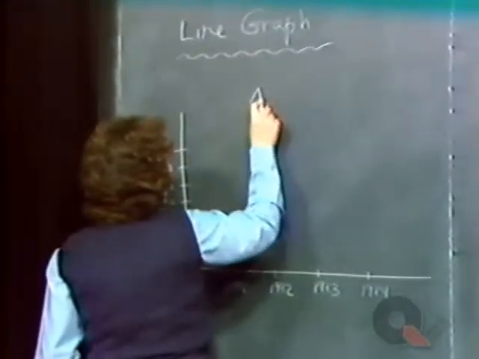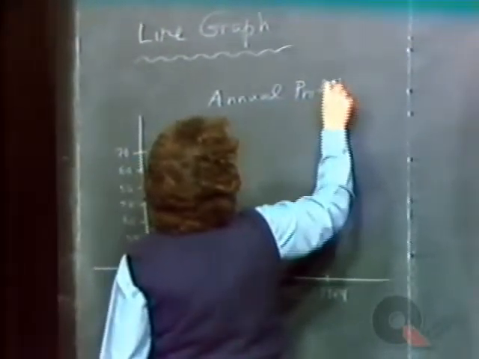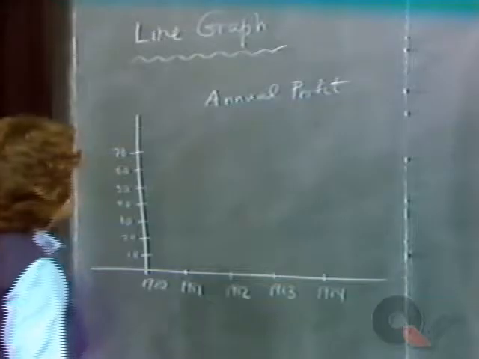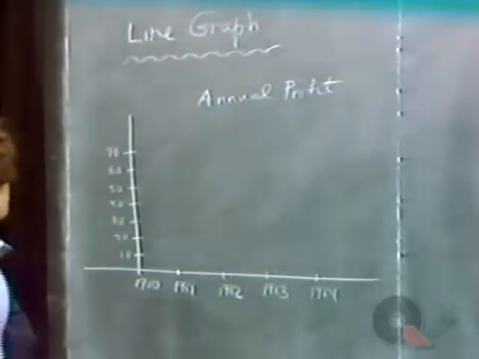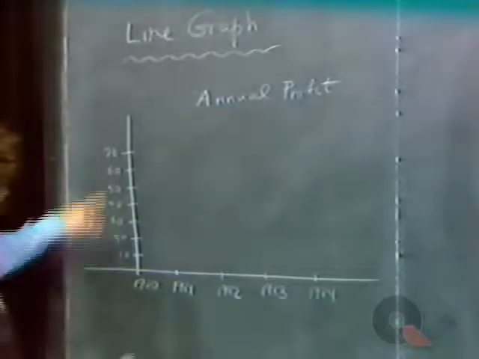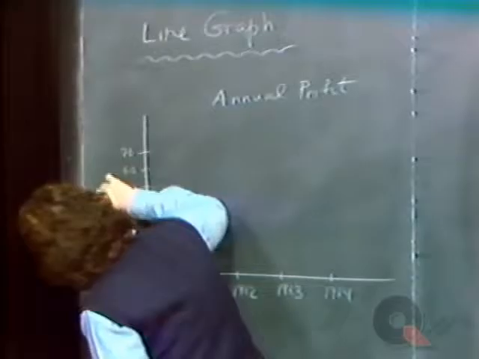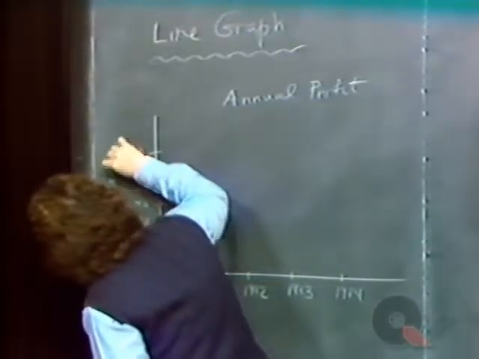And this is going to be a graph representing annual profit of a certain store. And the numbers on the vertical axis here are going to be in terms of thousands of dollars.